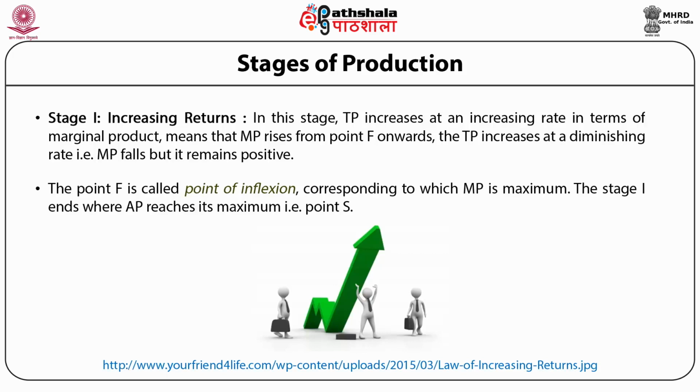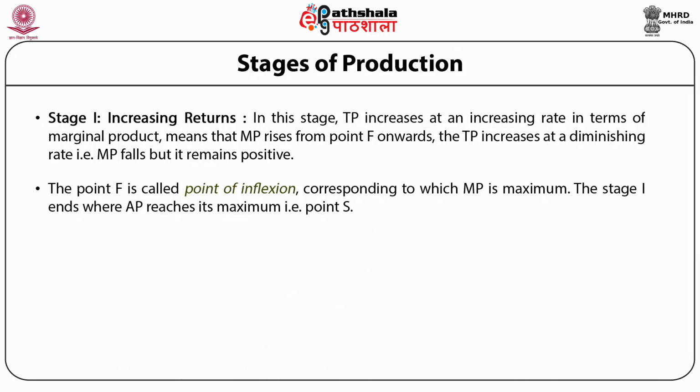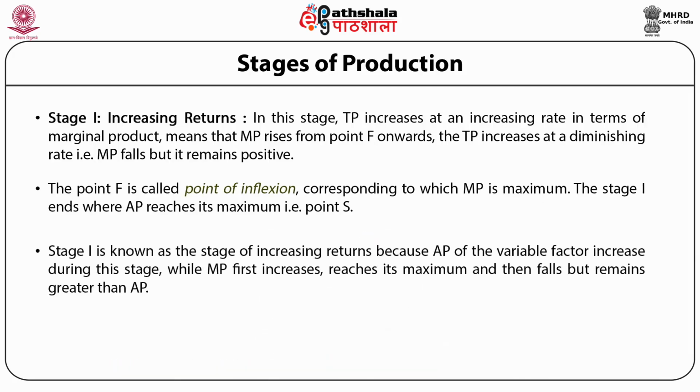Stage 1 ends where AP reaches its maximum, that is point S. Stage 1 is known as the stage of increasing returns because AP of the variable factor increases during this stage, while MP first increases, reaches its maximum and then falls but remains greater than AP.